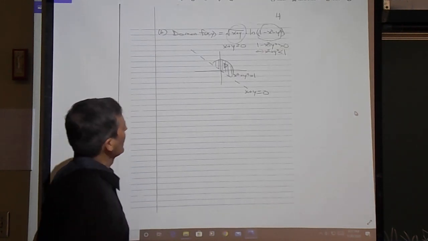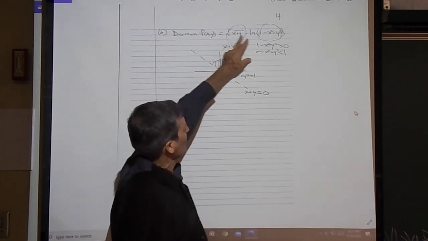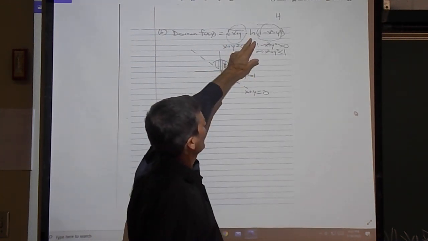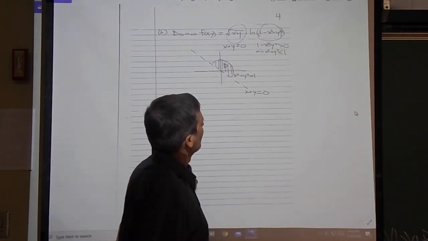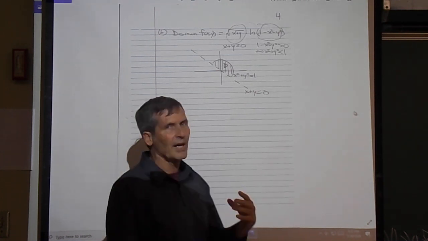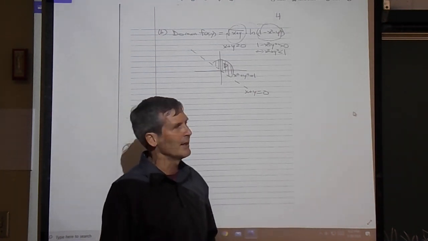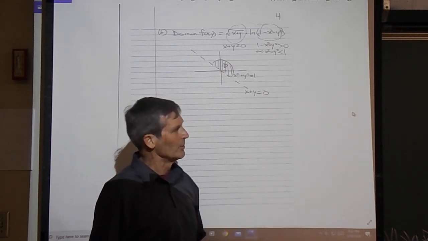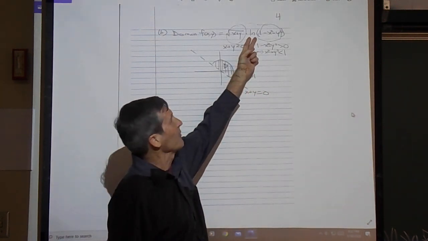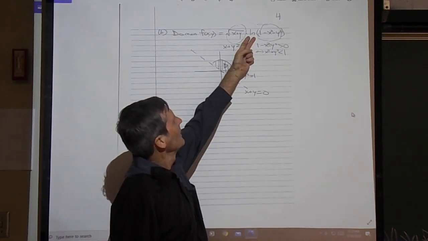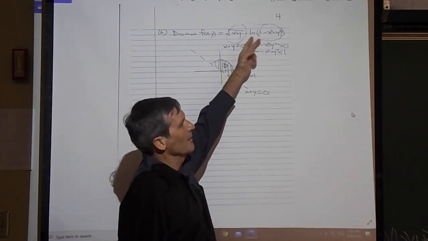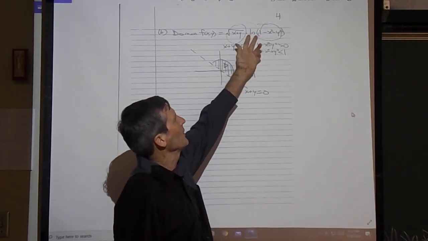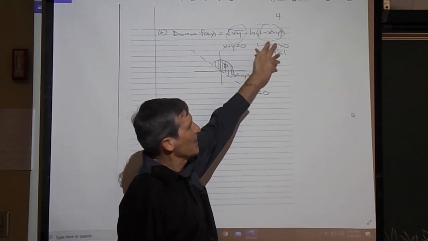And finally, here's another one. Suppose I had f of x, y equals the square root of x plus y, times the natural log of 1 minus x squared minus y squared. If you have something besides an algebraic expression, which is arithmetic, powers, and roots, you can have a function like the natural logarithm. You just have to take into account that you remember their domains.